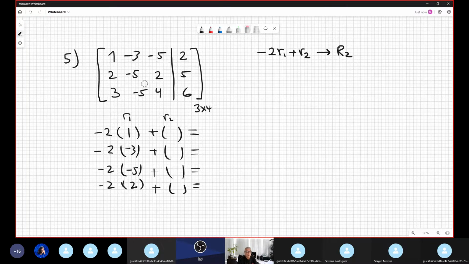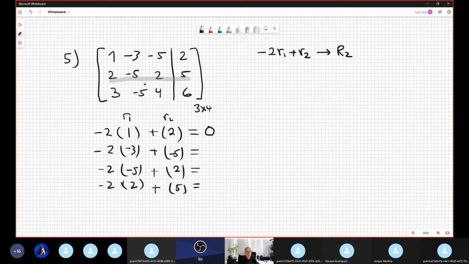Okay. And now, plus row 2. And who is row 2? Row 2 is this. Okay, so now I copy 2, negative 5, 2, and 5. Negative 2 times 1 is negative 2, plus 2 is 0.